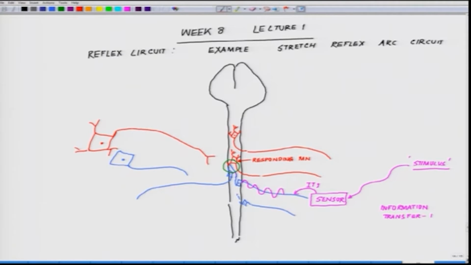Here is the major axon. So here comes the signal. Here the signal is transmitted. Here the signal is brought back. Information transfer 1.